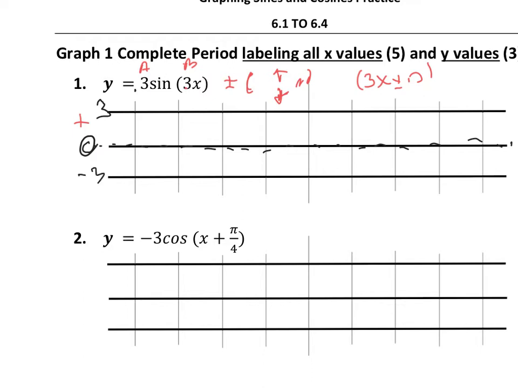Now, let me keep this really simple. I'm only doing one period, so why don't I start on this big line here, and for this argument, I will call it 0. X is 0. This is y is 3, y is 0, y is a negative 3.